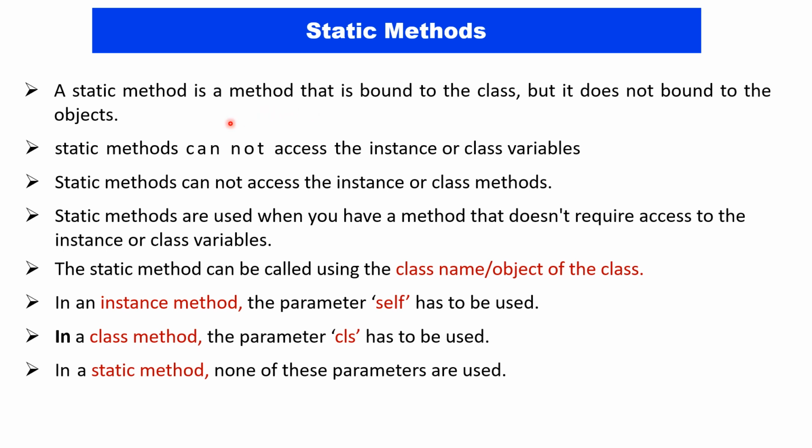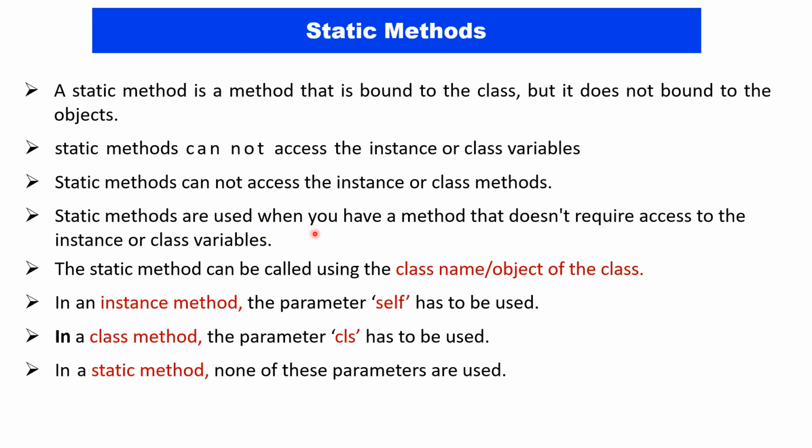So in addition to these two, we have another type of method which is called a static method. A static method is a method that is bound to the class, but it is not bound to the objects. Static methods cannot have access to either the instance variables or the class variables, and they do not have access to the instance or class methods either.